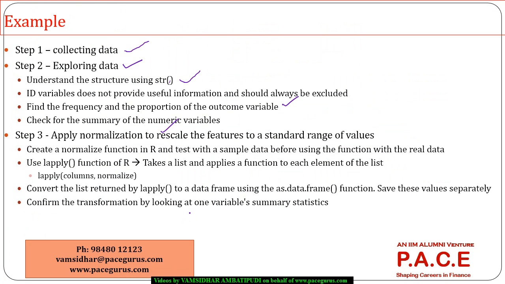So this is where our initial processing part is taken care of. Every variable now is converted into a numerical variable. Now I have to apply normalization, right?